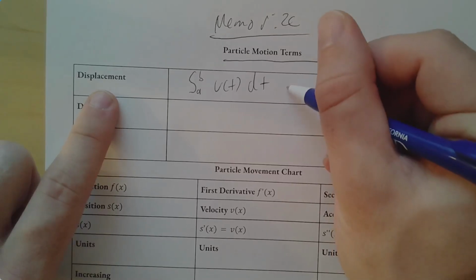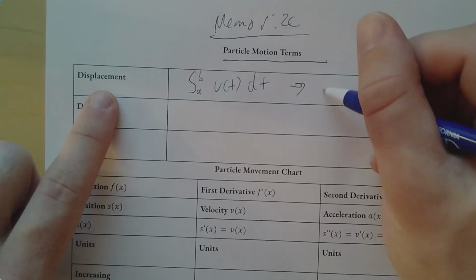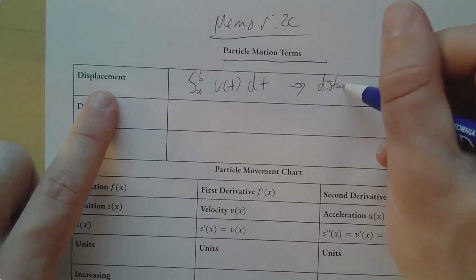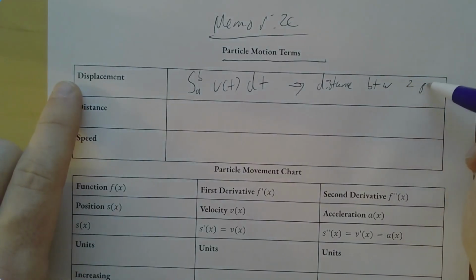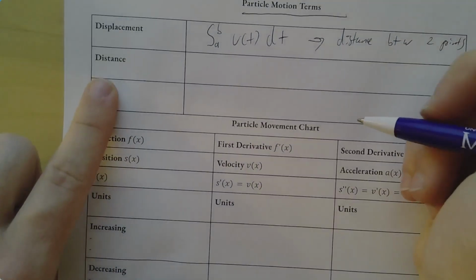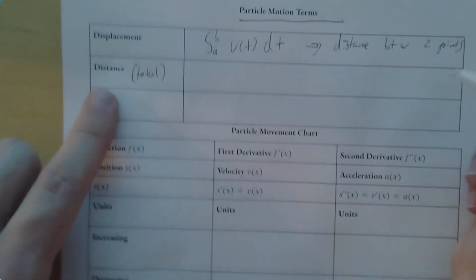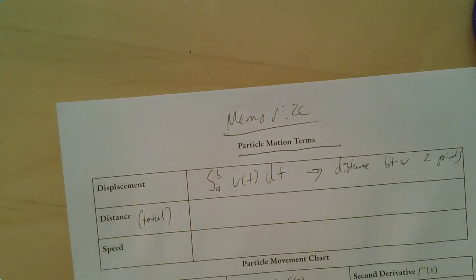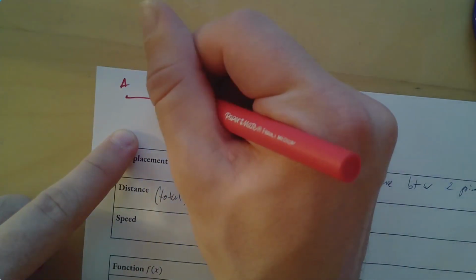So it's giving you a distance between 2 points. When we talk about distance, what I'm referring to here is total distance traveled. So it's like the back and forth. If you just want to remember this, this is A and this is B. That's displacement.